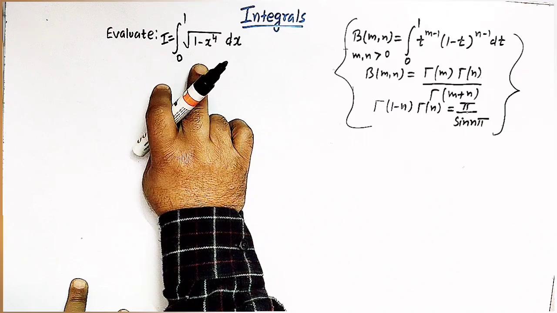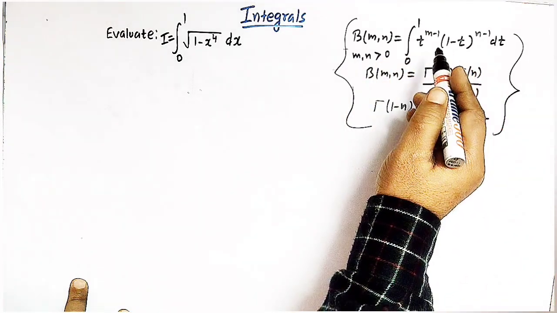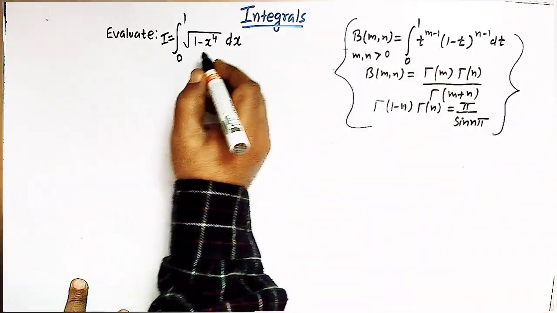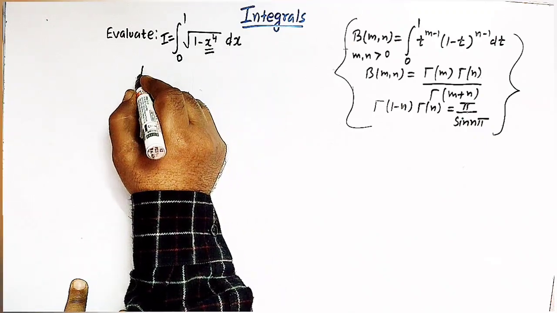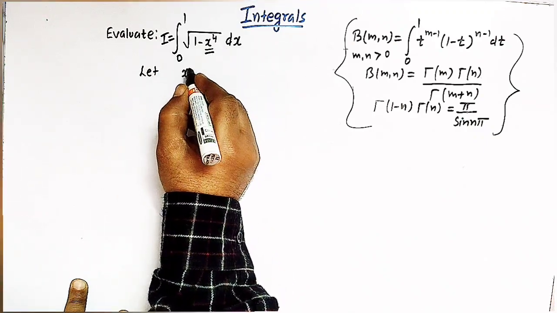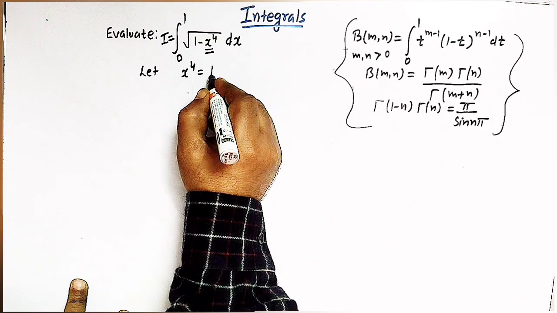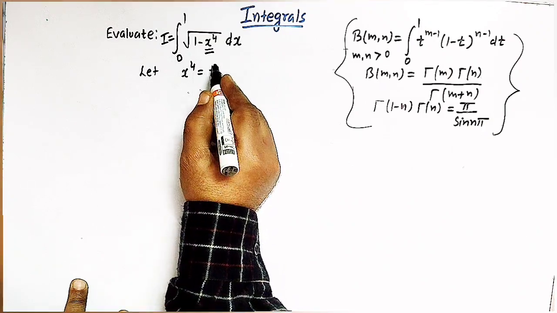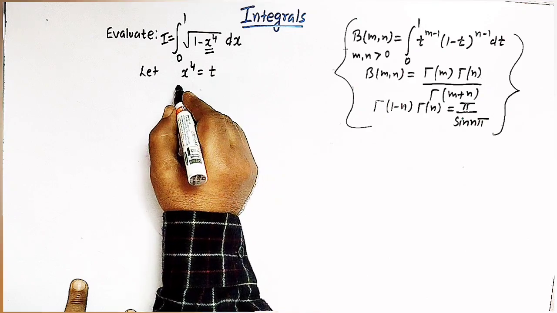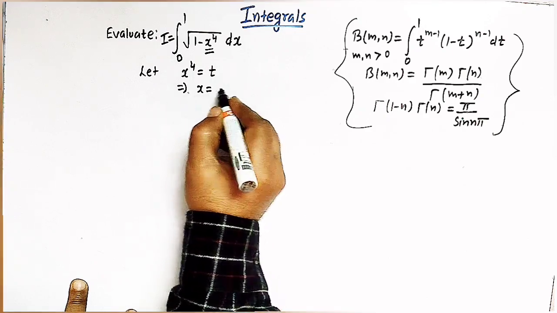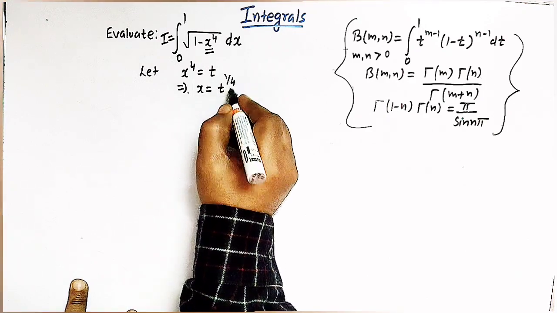So let us first convert this integral into the beta function by making this substitution, that is x raised to 4 can be taken as equal to t. So here we are introducing the variable t. So we can now write x is equal to t raised to 1 over 4.